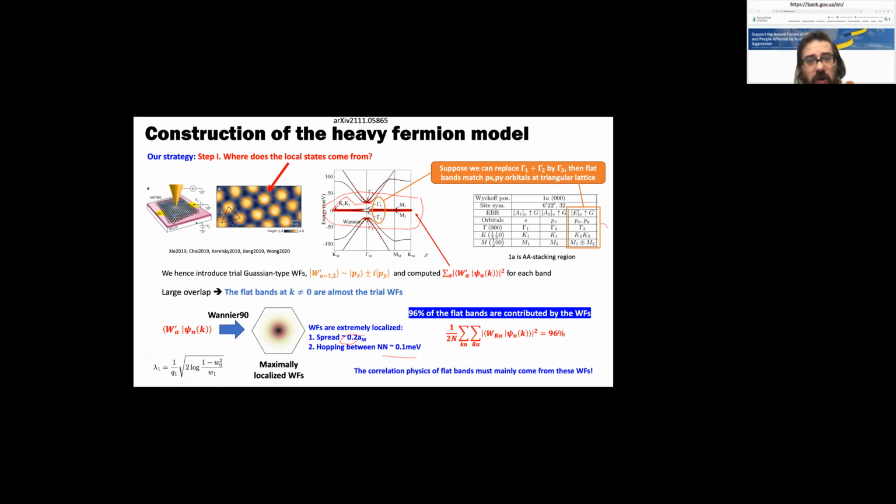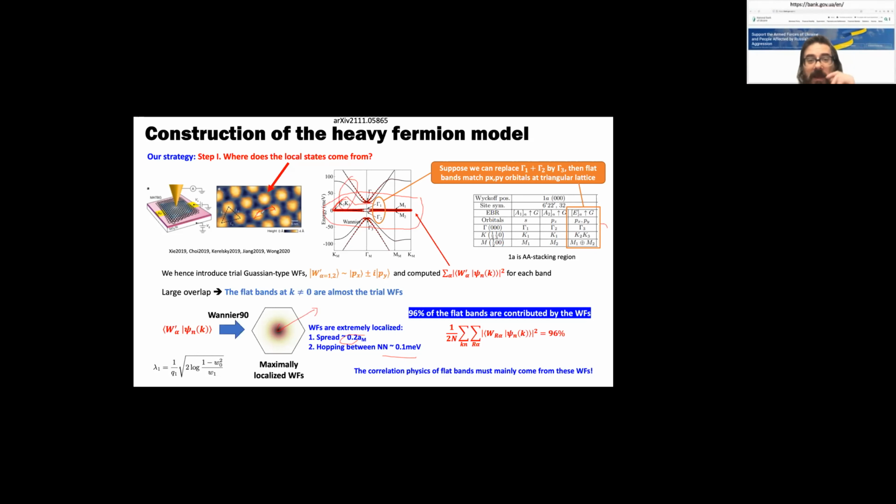If you go away from the magic angle, for example at 1.5 degrees, you have quite large dispersion of these flat bands. And this is related to what Shankar was saying. Then the spread of the Wannier states starts getting larger, their hopping starts getting larger, and their Hubbard U, which I'll compute, starts getting smaller.